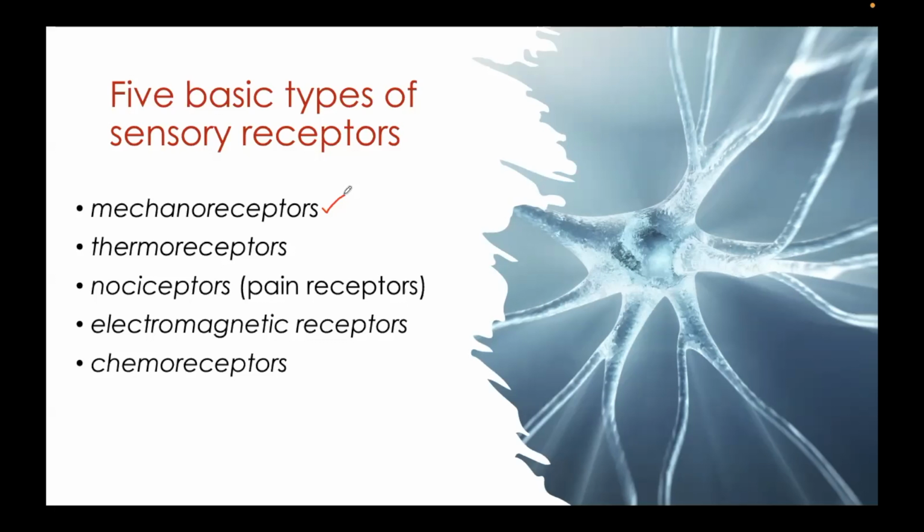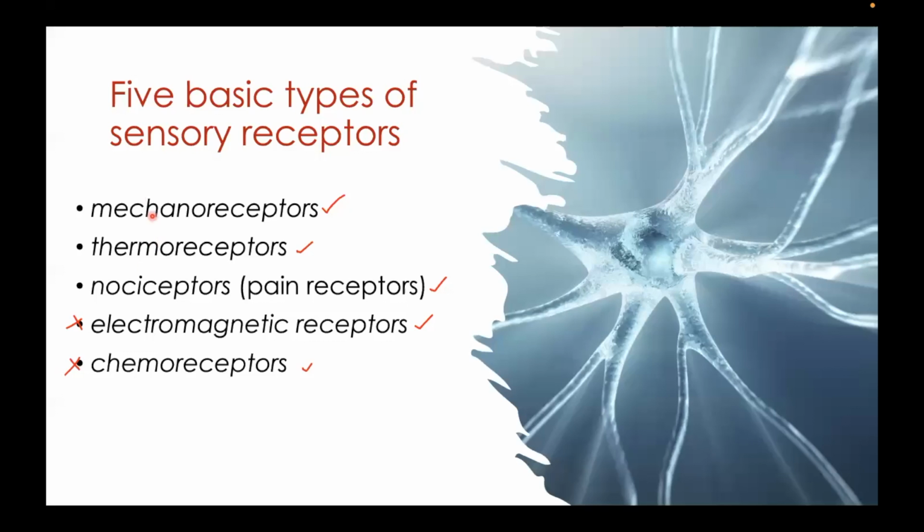Number 2, the thermoreceptors. We have the nociceptors, electromagnetic receptors, and lastly, the chemoreceptors. Now, if you study standard handouts, it does not include electromagnetic receptors as well as the chemoreceptors. Our goal to score higher and to crack as well as top the PLE is to read the textbook.